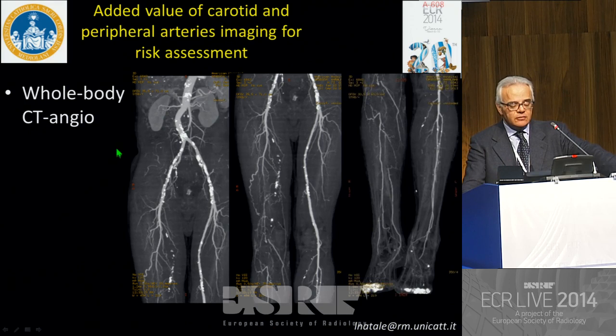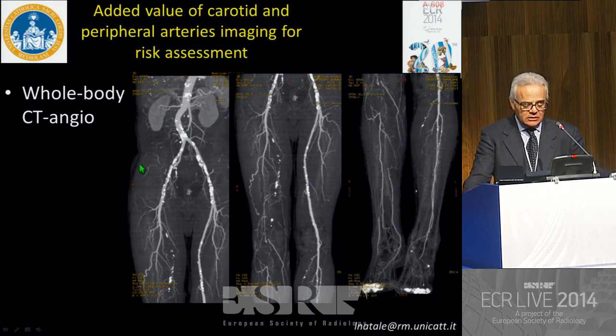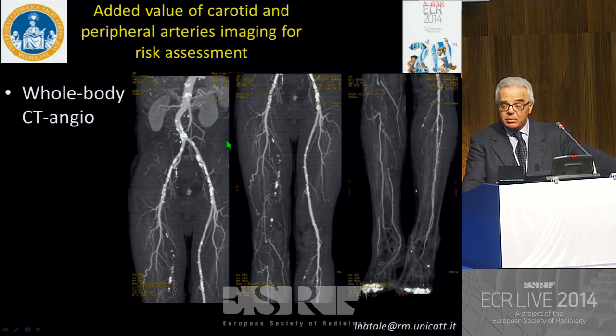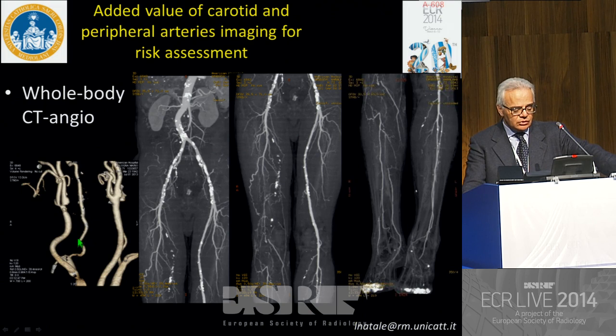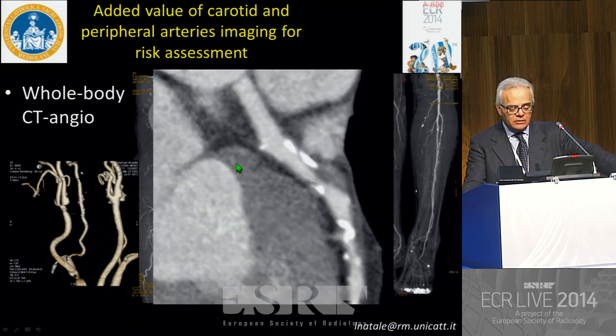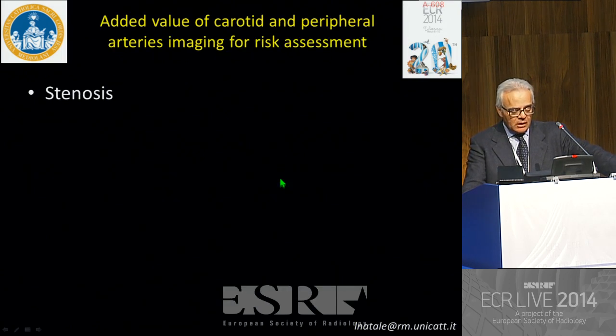And the same is accepted also for CT. Here you can see again a severe peripheral artery disease in a diabetic patient, and also carotid involvement, and finally involvement of the left main and the descending coronary artery.